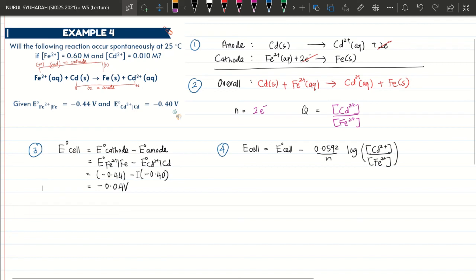From this step 3, as you can see, the value of the E0 cell is negative 0.004. So what does this value mean?